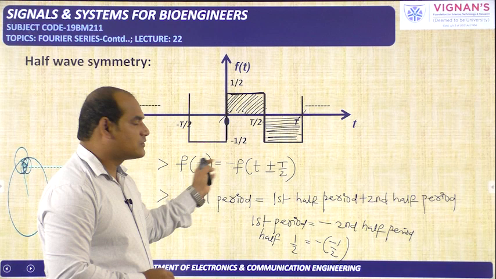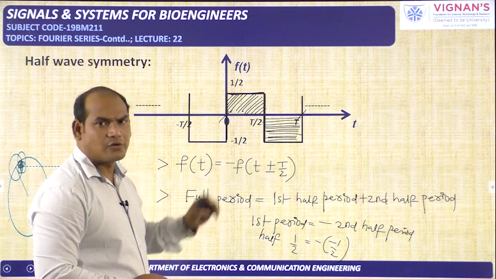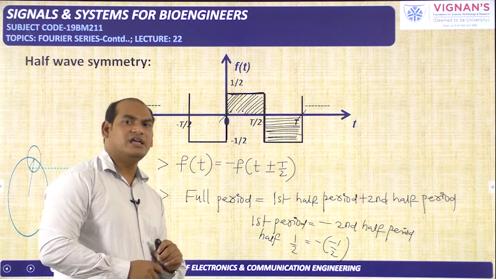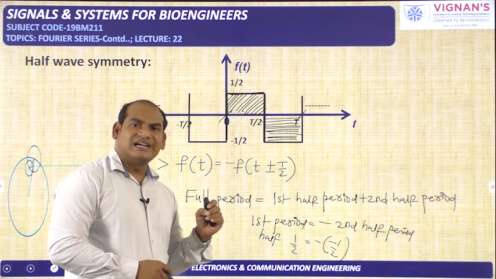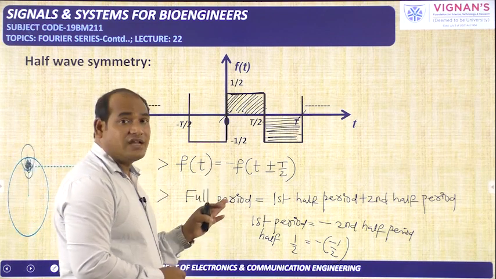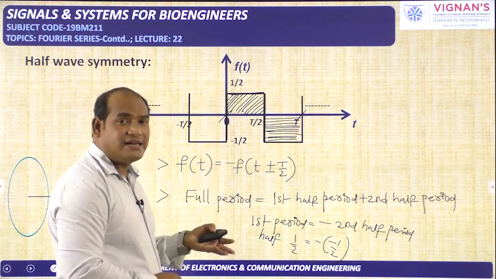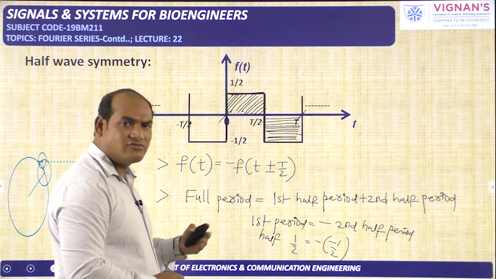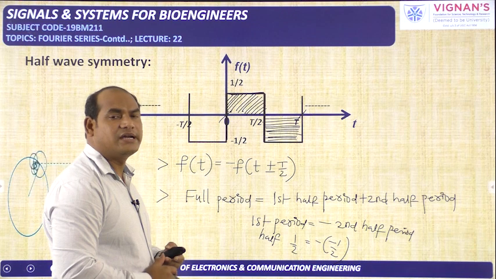Or you can check this particular case also. You will get the same thing. So you need not calculate the A0 value, directly you can tell it is 0. And the coefficients an and bn exist only for odd n values. For even n values, an is equal to 0 and bn is equal to 0.